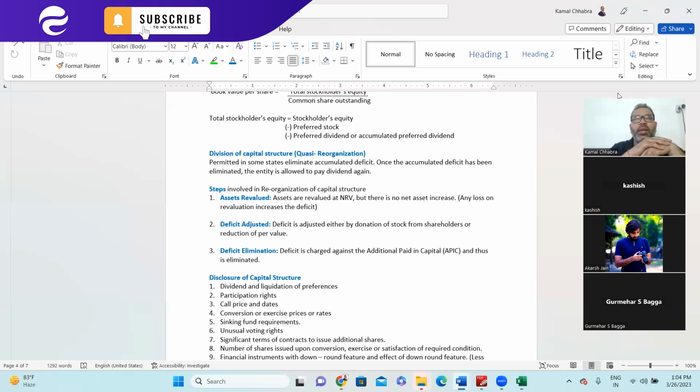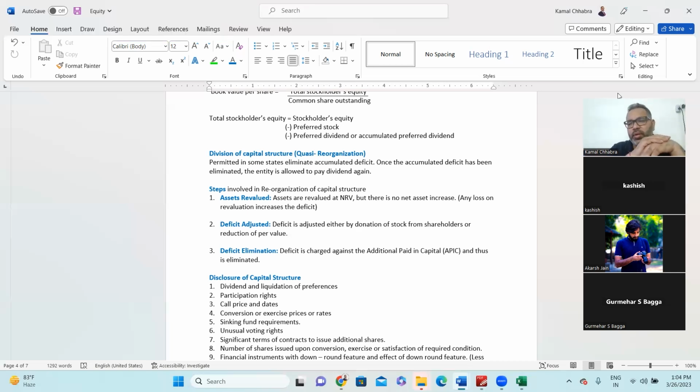And then you can also think of splitting the share and reducing the equity share capital and reducing your retained earnings from the capital losses which you already have, so that it will be kind of a cleaning-up activity of your assets and the liability. That is called restructuring of the asset. Some states do allow and some states do not allow this kind of activity.